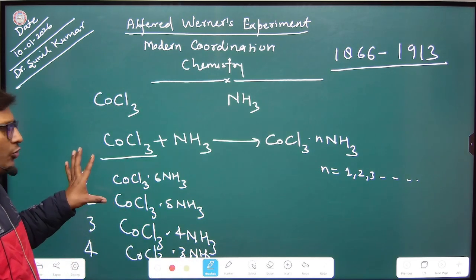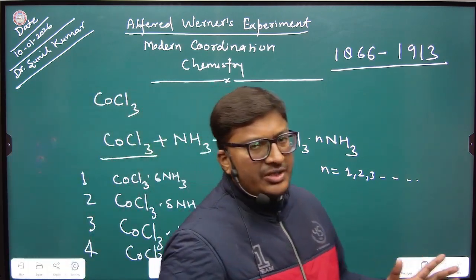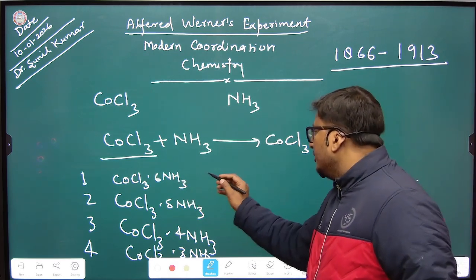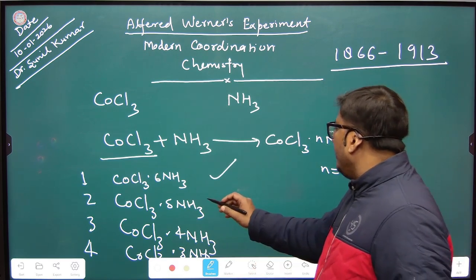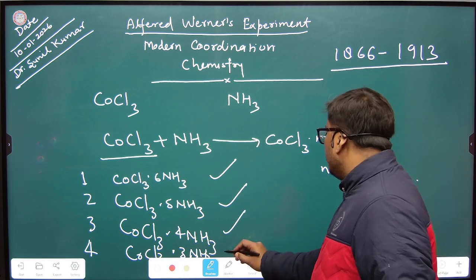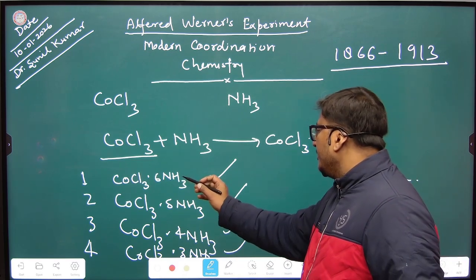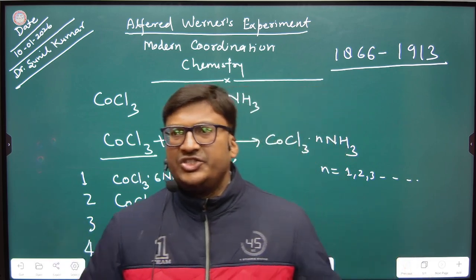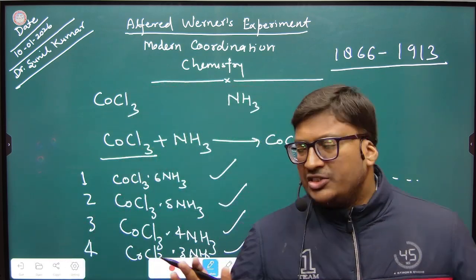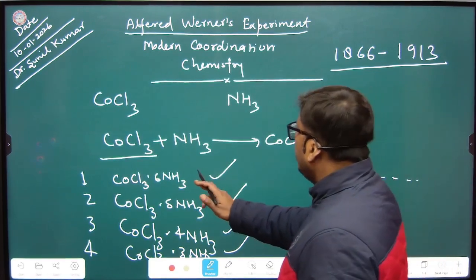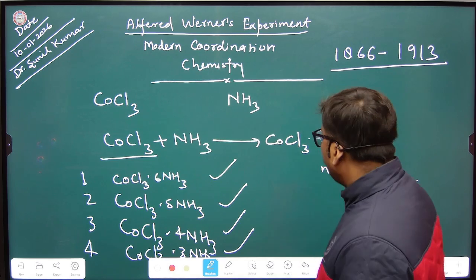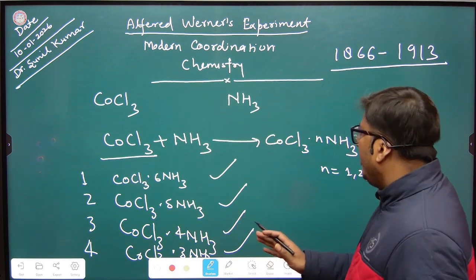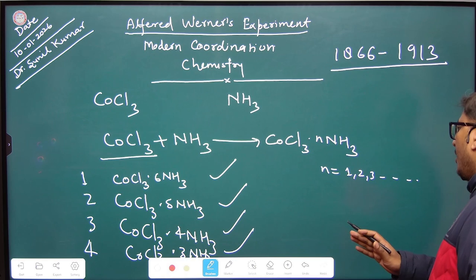So these are the four compounds Werner found in his experiment: 6NH3, 5NH3, 4NH3, 3NH3. But he did not get 2NH3 or 1NH3 in the separation of the compounds after the reaction of cobalt chloride and ammonia. So from these compounds, what kind of inferences did he draw?